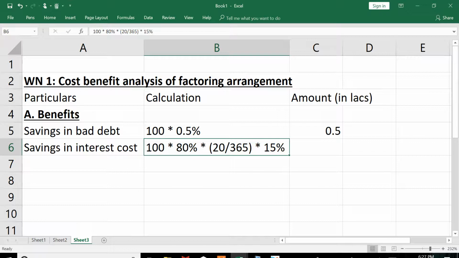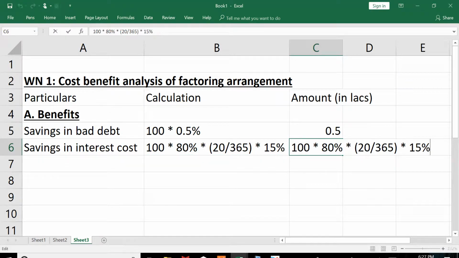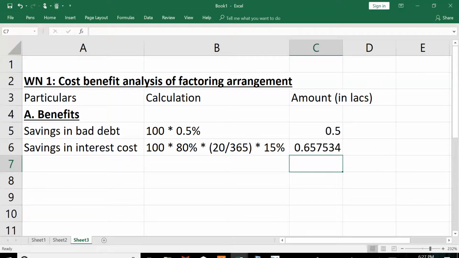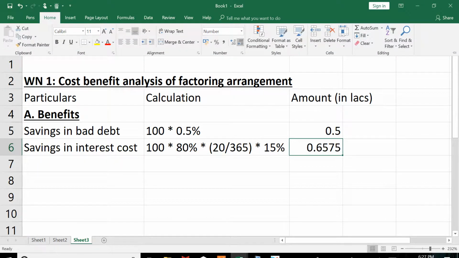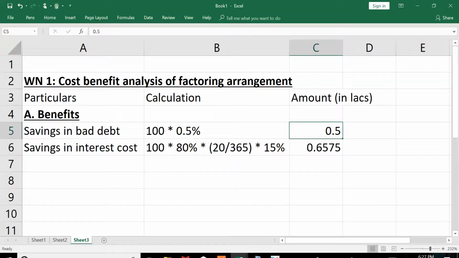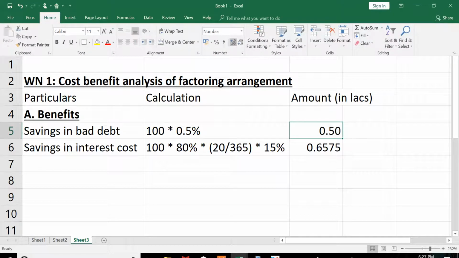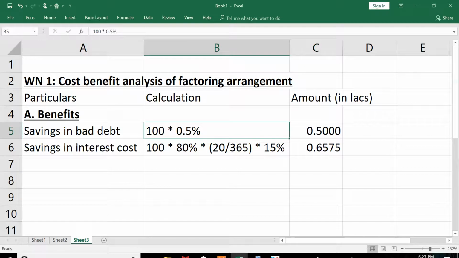Clear? Any doubts on this? Do this. You can have some 4 decimal calculation. 20 by 365 into 15%.